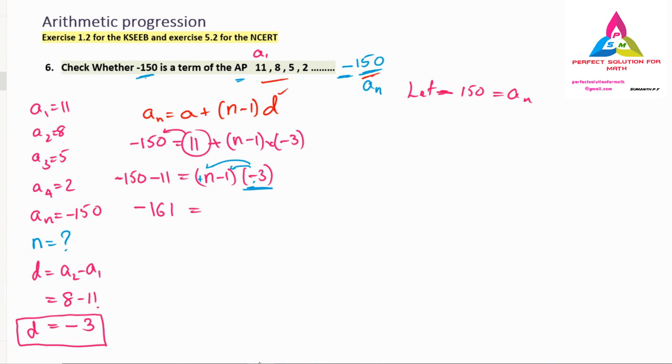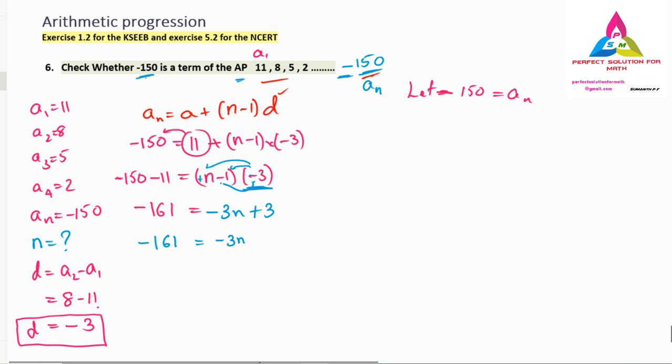So here minus 3 into plus n, that is minus into plus is minus, 3 into n is 3n. Next one is minus into minus is plus, 3 into 1 is 3. So next one is minus 161 equals minus 3n plus 3, and we can't shift the 3n because it is the unknown thing.